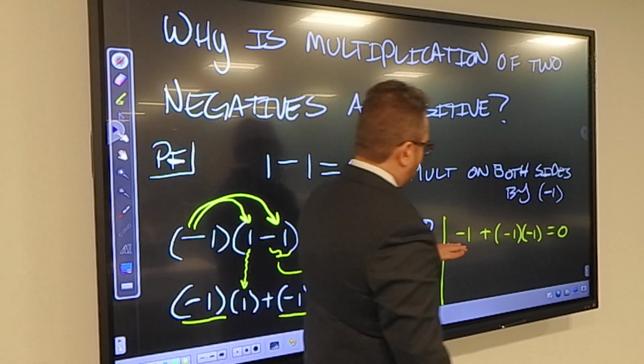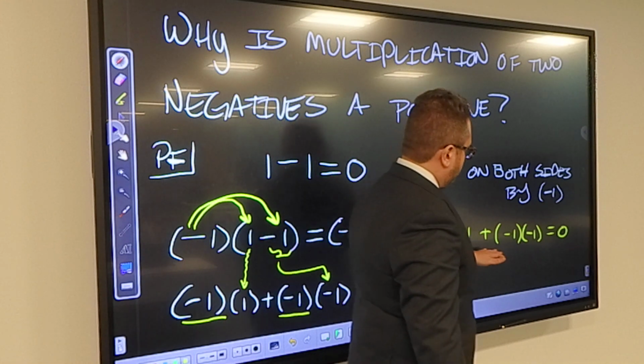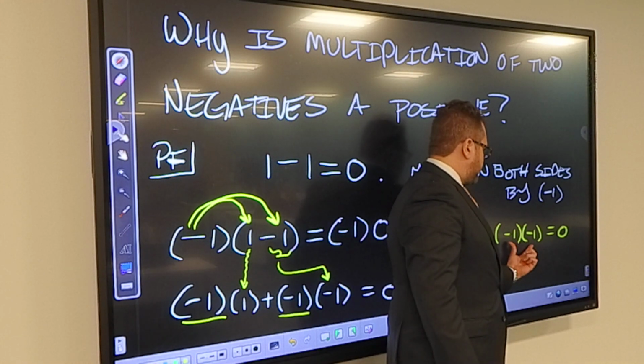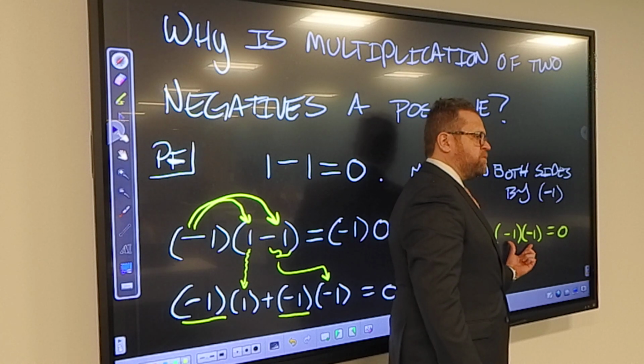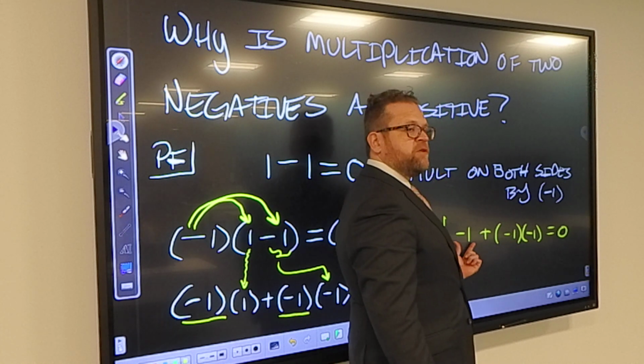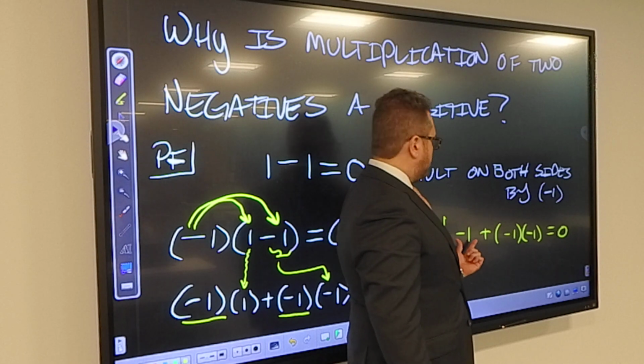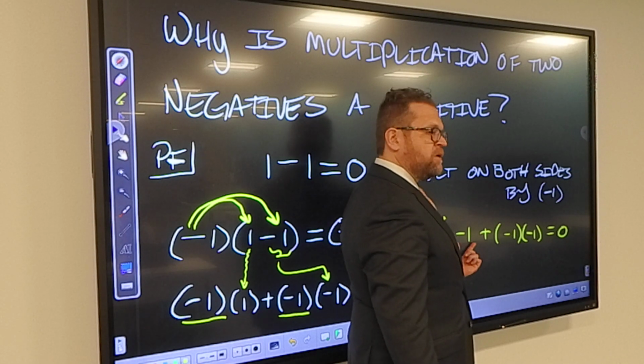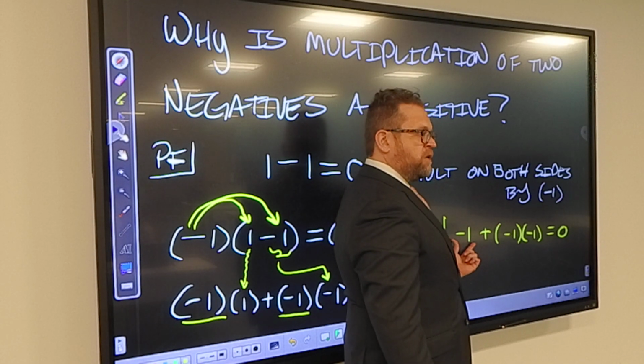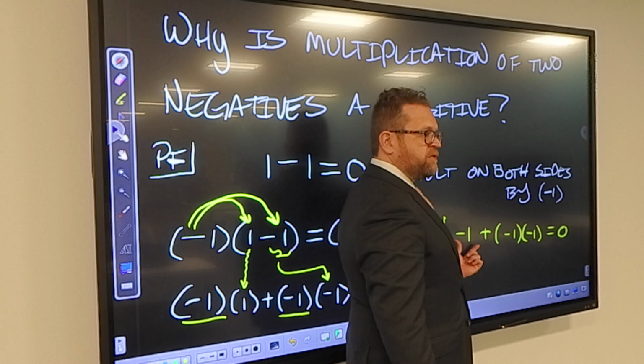Because if I wanted to know what this product right here equaled to, I'll just move this other term to the other side. And how could I do that? Well, this is minus 1. You'll add 1. And what property is that called that we're using?